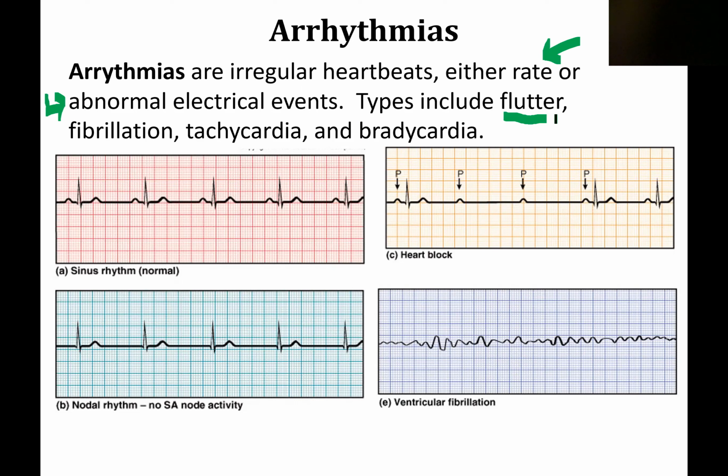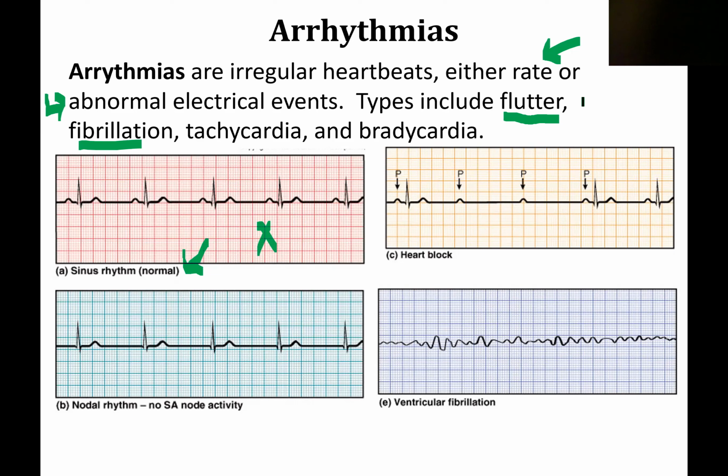So you have the terms flutter and fibrillation. This is what a normal sinus rhythm looks like. Each of the cardiac events are the same, and they are happening at intervals which are acceptable in distance.